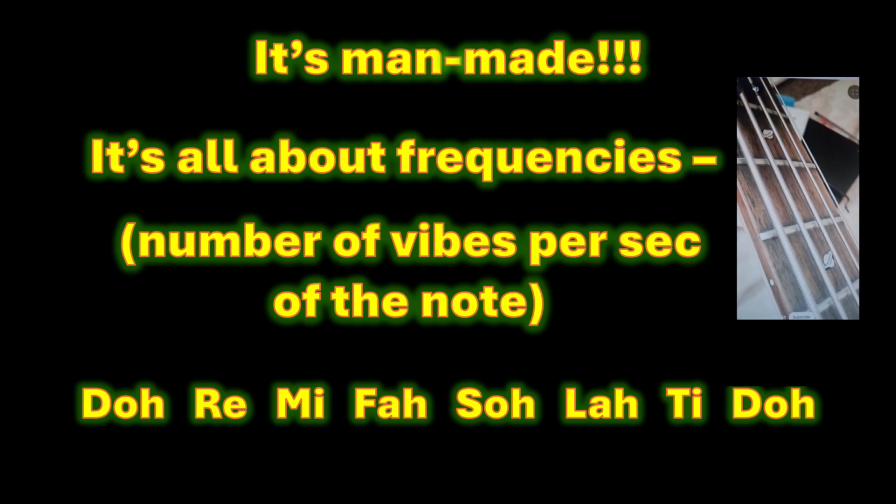Now that's called the frequency. Well, each of those notes, do, re, mi, fa, etc., they all have a frequency. And the gaps between those frequencies is carefully planned. And so a diatonic scale is not just random notes, it's notes that have been planned that way.